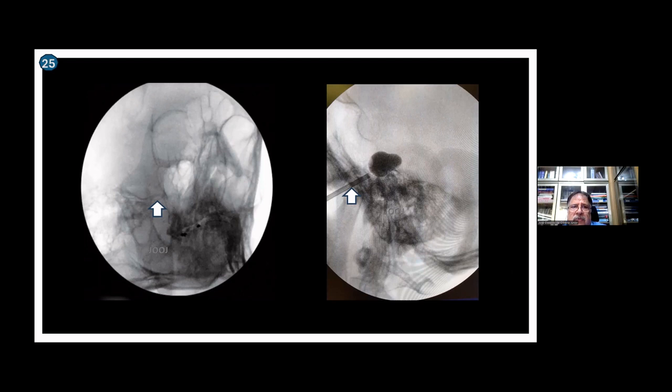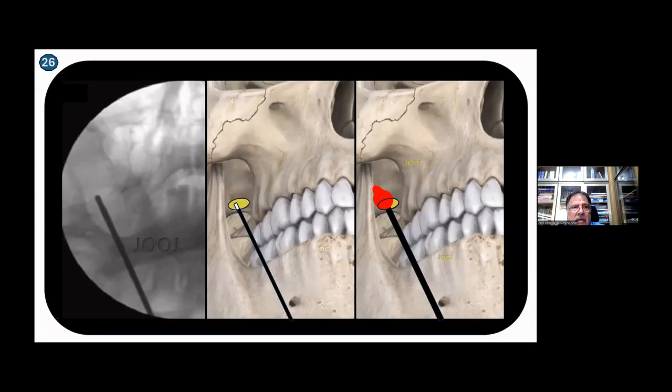So we perform it under general anesthesia. On the left, identification of the foramen; puncture with the radio frequency electrode in the middle, and with a cannula with the balloon on the right side.